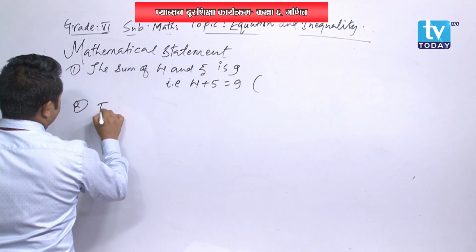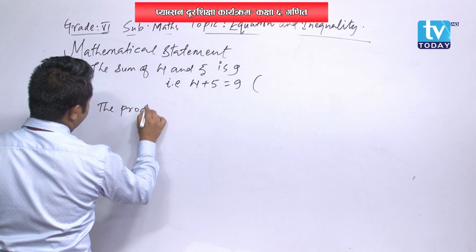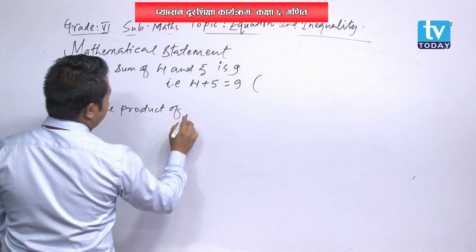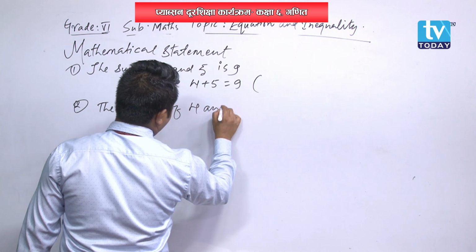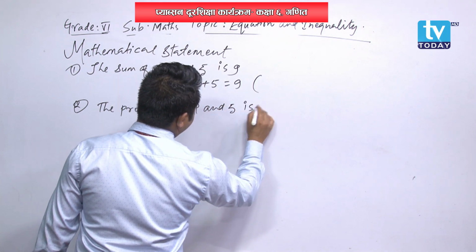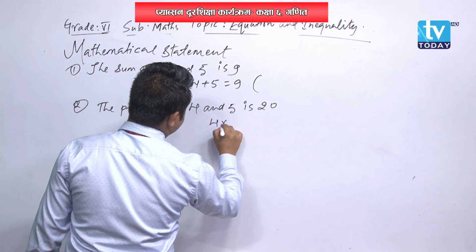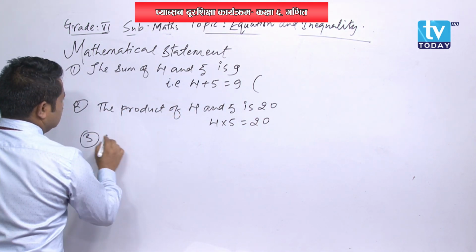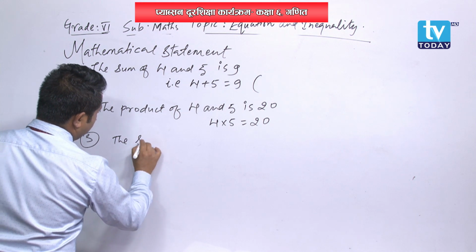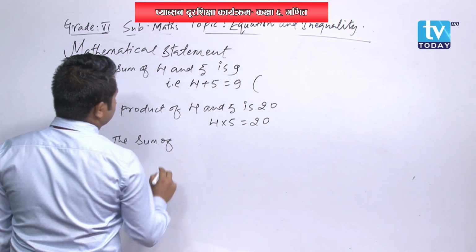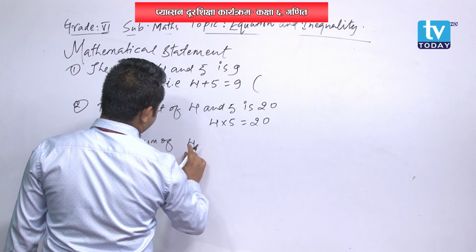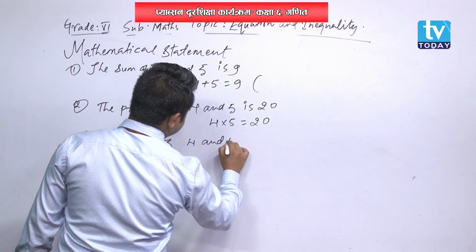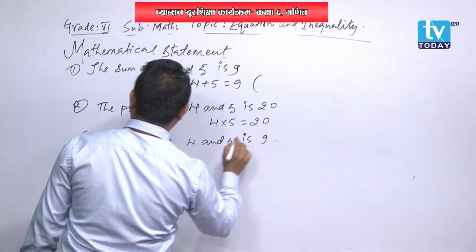Number 2, the product of 4 and 5 is 20. That means 4 into 5 is 20. Number 3, the sum of 4 and 6 is 9.